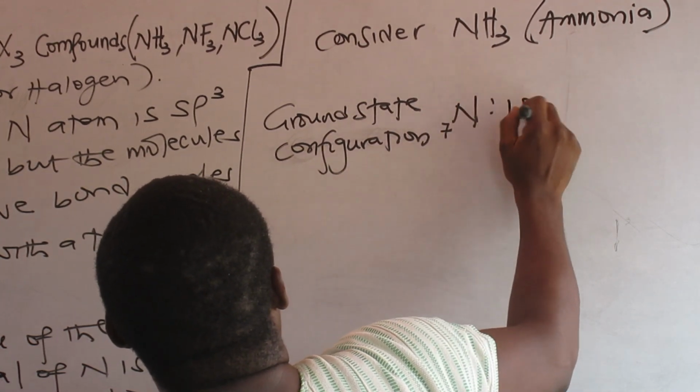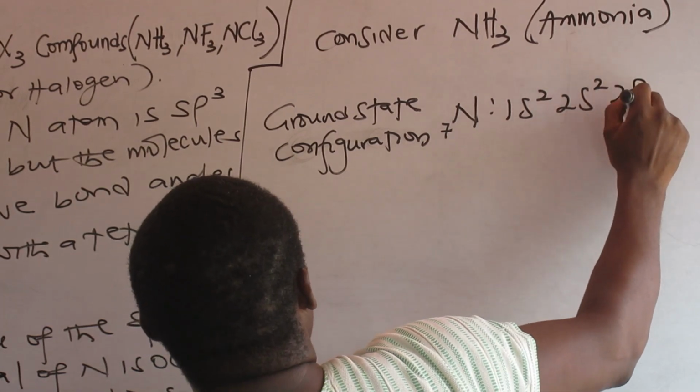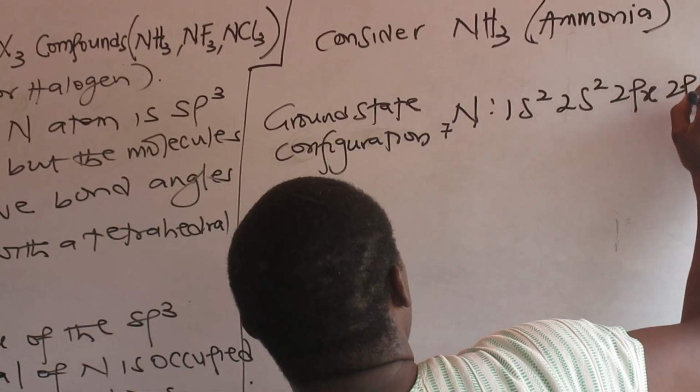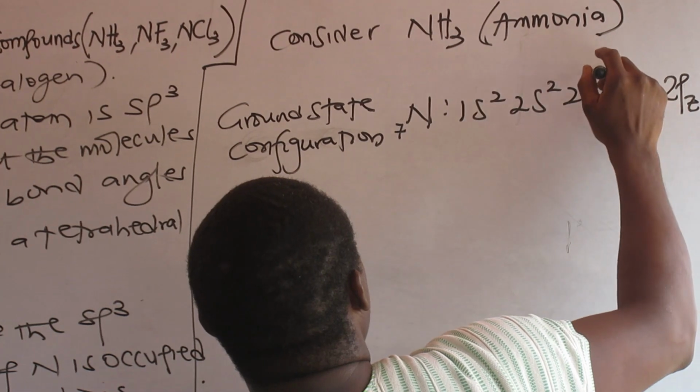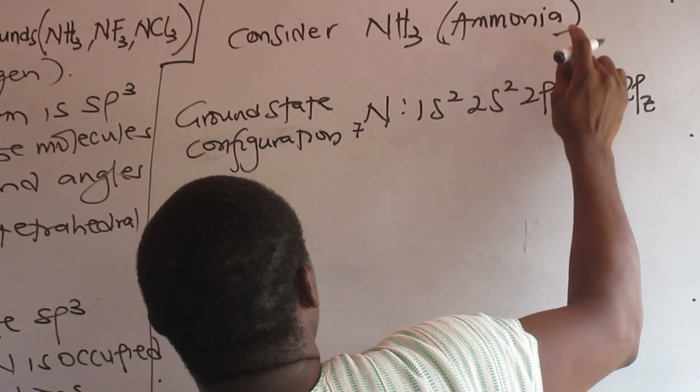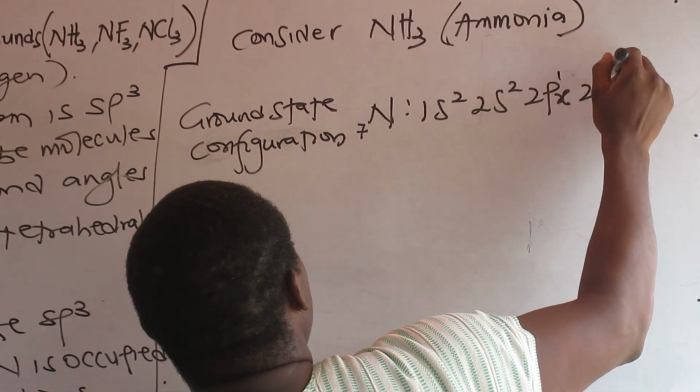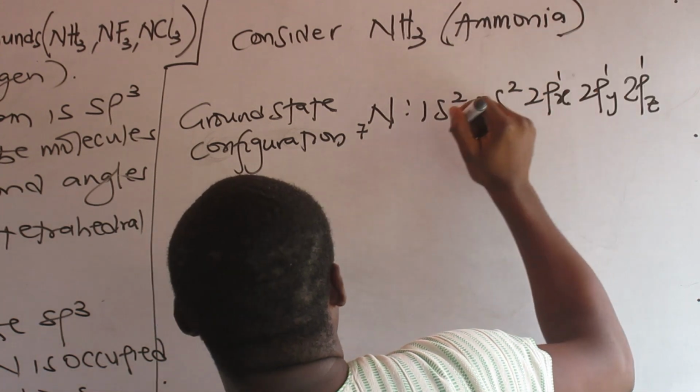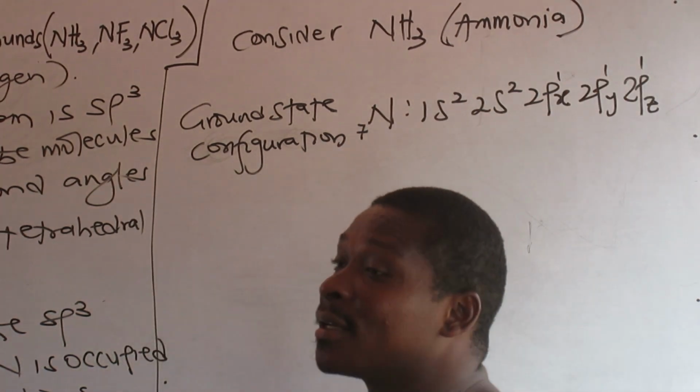Nitrogen is 7, right? We have 1s2, 2s2, 2px, 2py, 2pz. So this is 2, 4, 5, 6, 7. Good. Now there's a ground state.